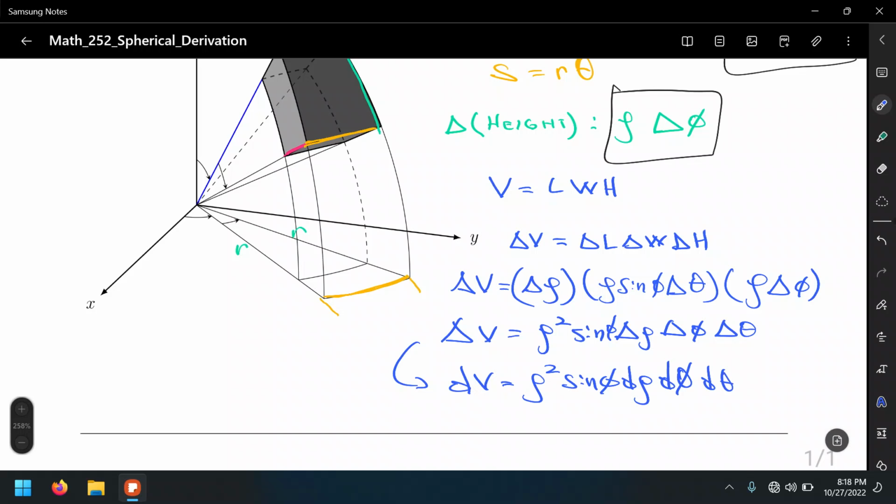So this is where all this madness right here is coming from. All this dV, that's the volume, based on the volume of a, weird name, spherical box.